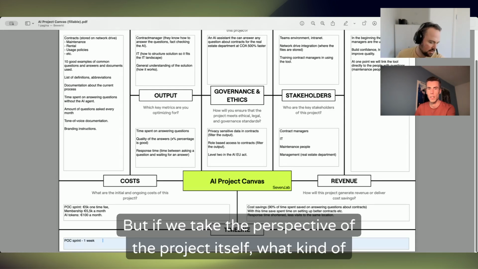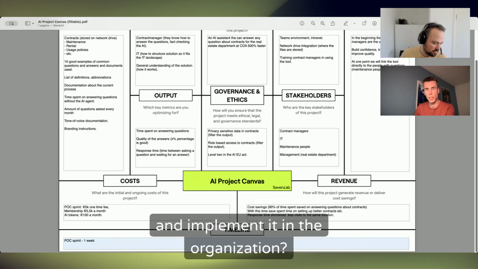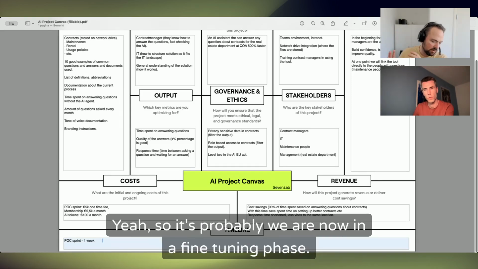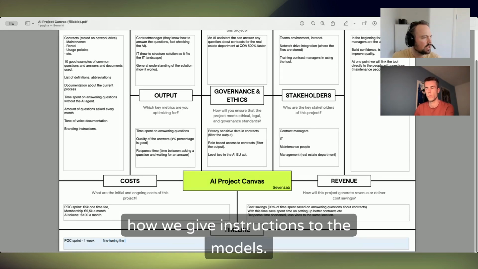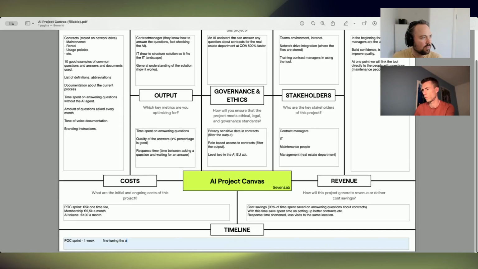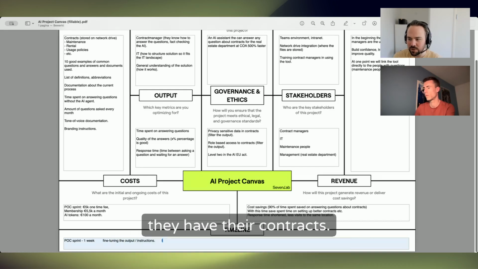In milestone wise, what kind of steps do we need to do, for example, to take this POC to the next level and implement it in the organization? Yeah, we are now in a fine-tuning phase. So right after the POC, we enter the fine-tuning phase in terms of how we give instructions to the model. Right after that, we'll create an integration with the system where they have their contracts.